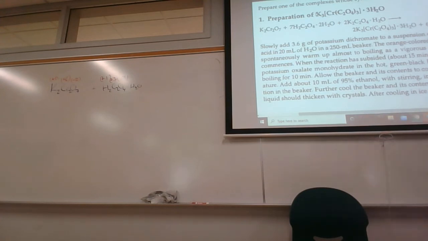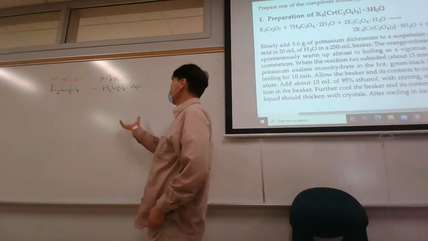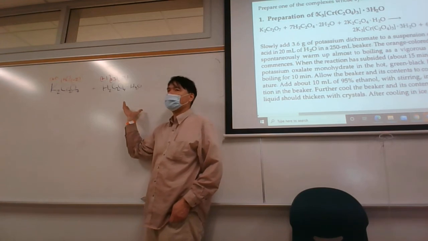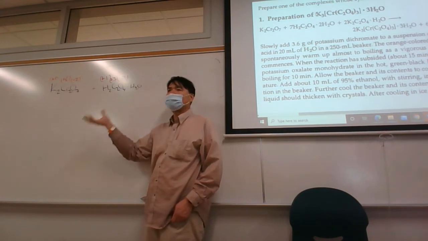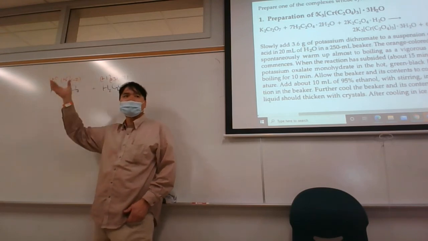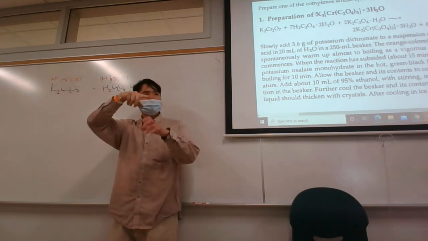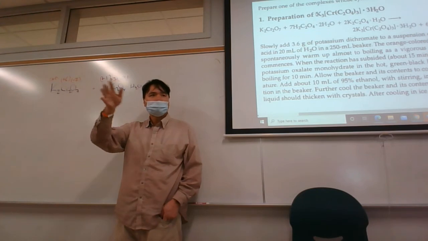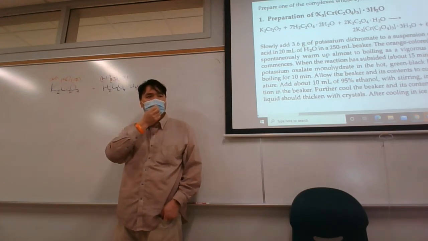Yeah. So what we're going to do is have the oxalic acid, add water to that, and then in the next step we're going to add the potassium dichromate solid to it. Just tap it in. So we'll just add a little bit at a time. Does that answer your question?